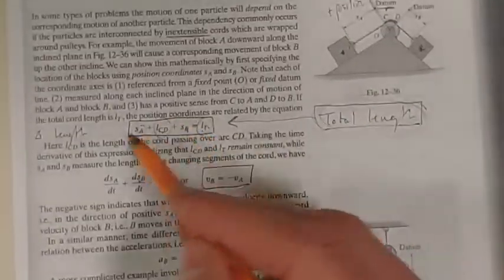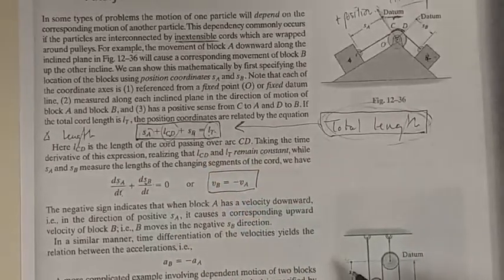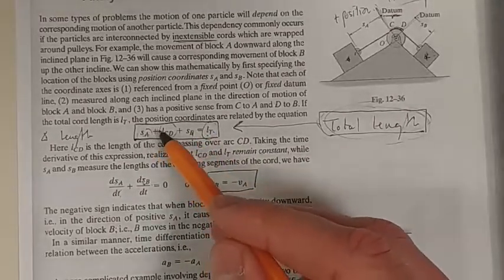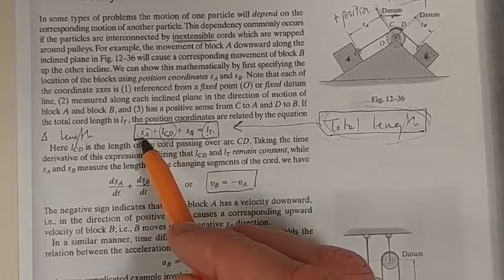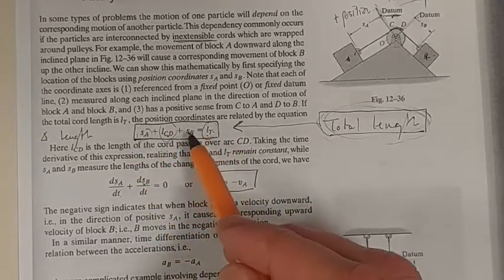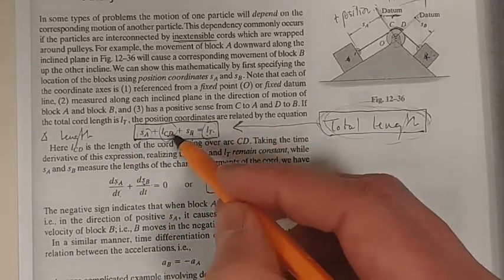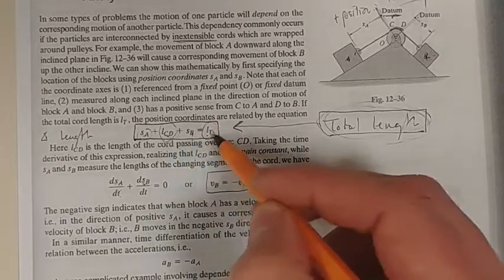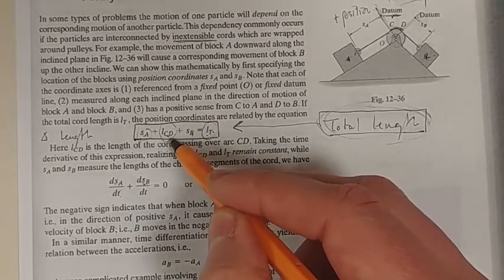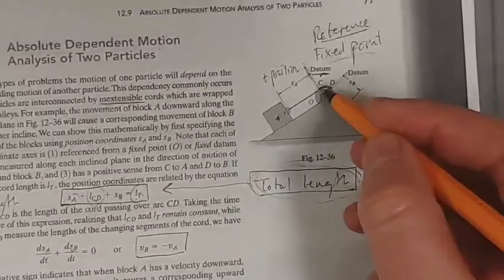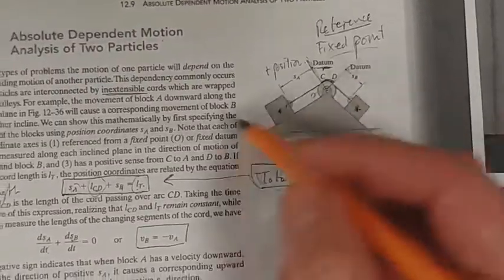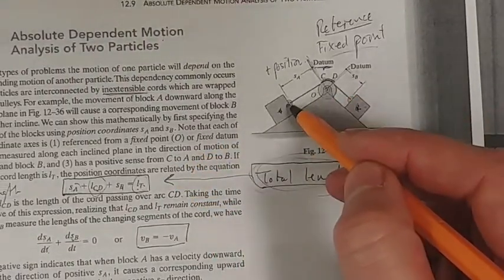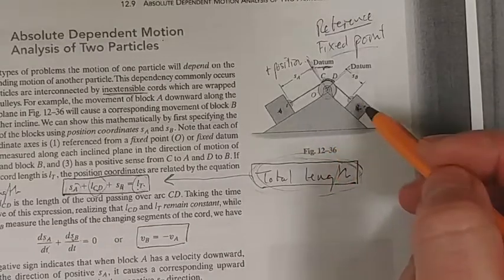Why did we want to do that? Well, because if we took the derivative of this length equation with respect to time, all the constant lengths would fall away, would become zero. The constant length in this case was CD, and the other constant length was the total length.